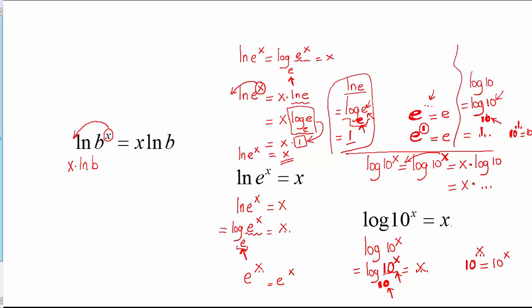So log base 10 of 10, also called log of 10, is worth 1. So if log of 10 is worth 1, I get x times 1, and finishing up I get x. That's the answer to log of 10 to the x. That is just x.